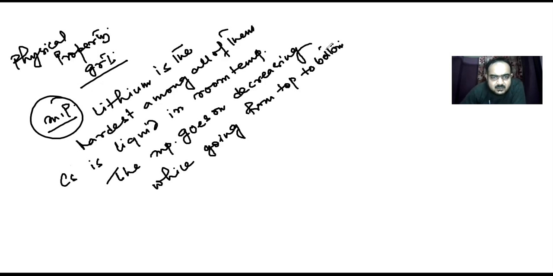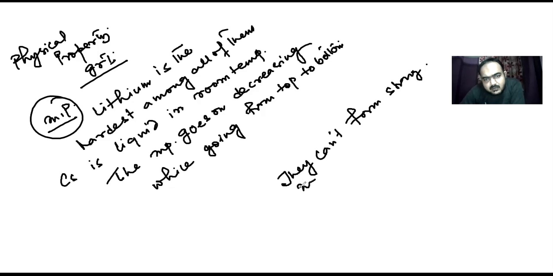All of them have low melting points because they can't form strong metallic bonds. You can see in the D block, they have very high melting points because, due to the presence of unpaired electrons, they show strong metallic bonding.